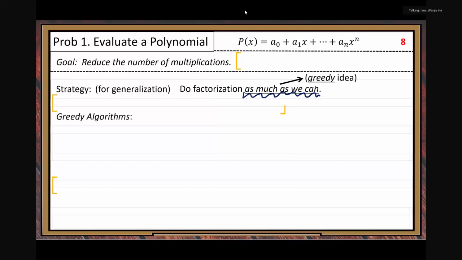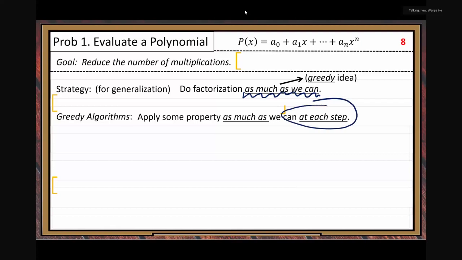Let me give you the description of the greedy algorithms. What's that? Apply some property as much as we can at each step. This part is important. So what do we mean by each step? When we solve a big problem, usually we need to split it into many steps, right? So we solve a big problem step by step. That's the usual way.